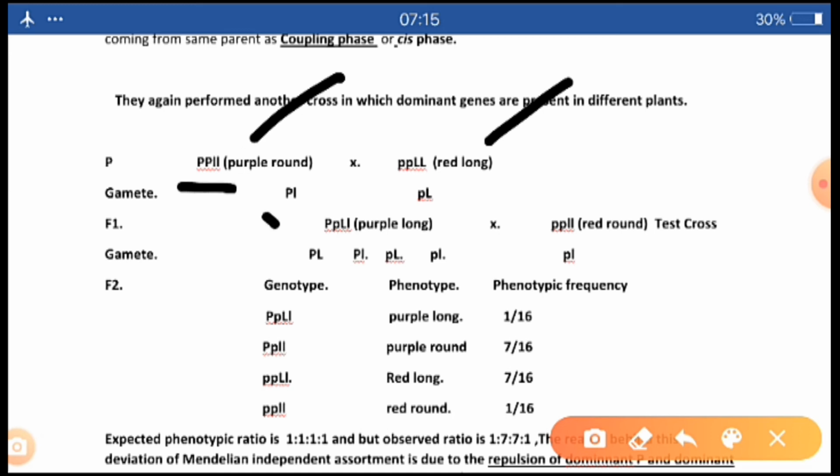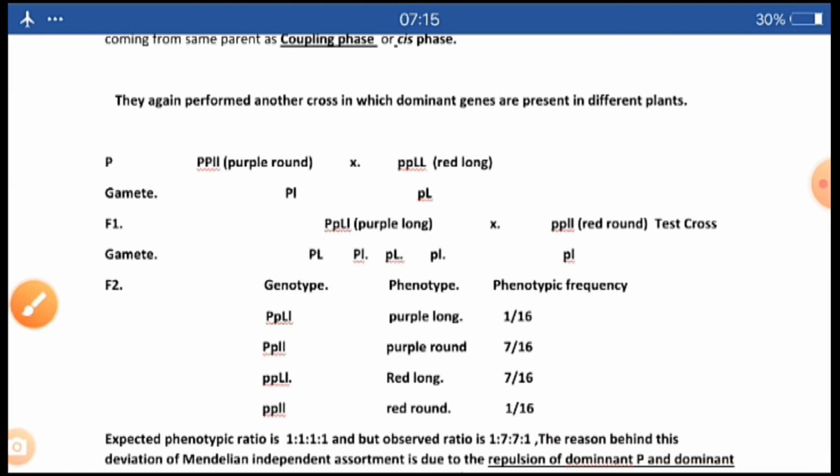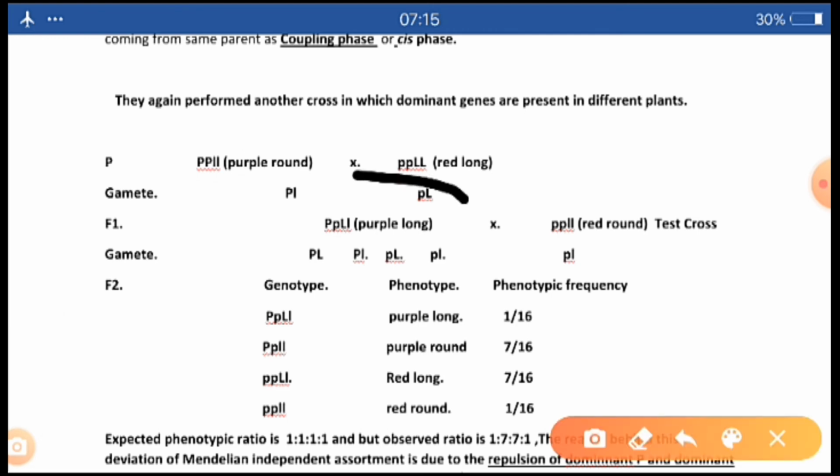That is why the gamete will be capital P and small l. And here the genotype is small p, small p, capital L, capital L. That is why the gamete will be small p, capital L. So this is the F1 plant. F1 plant is having capital P, capital L together. That is why purple long.